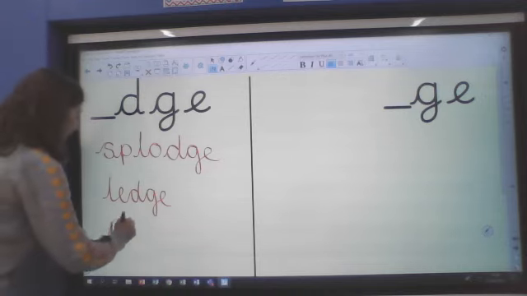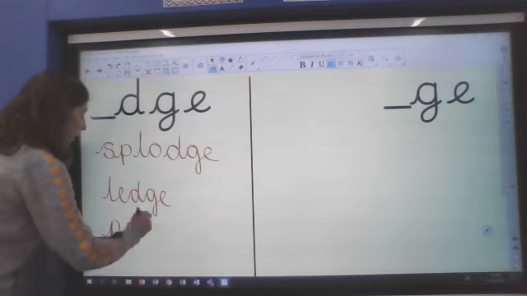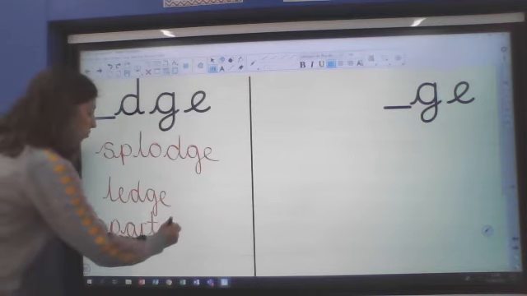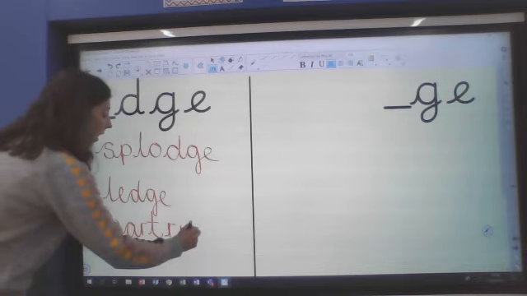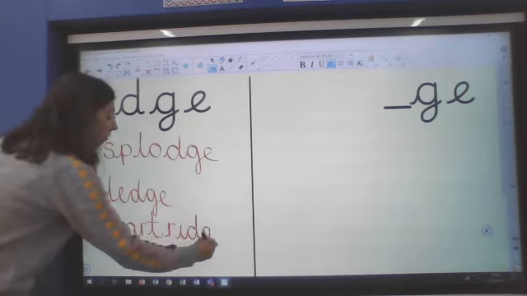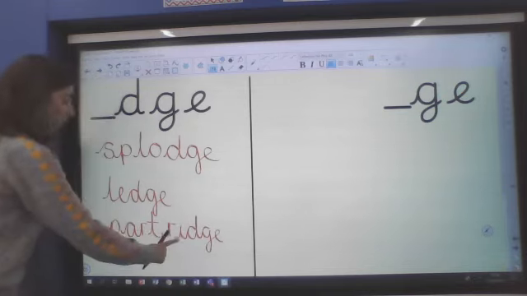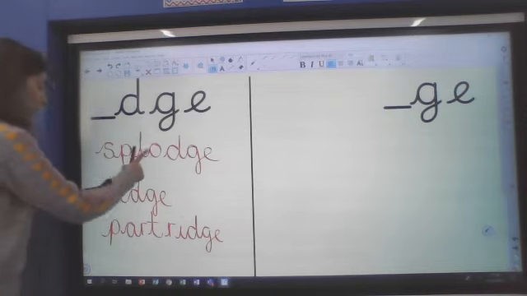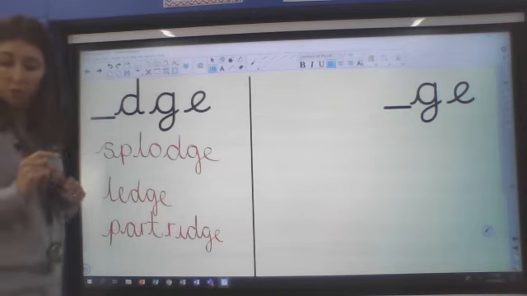A and R to make the R sound. Part, E, and then the J sound. So it was short vowel, E, short vowel, and O was a short vowel.